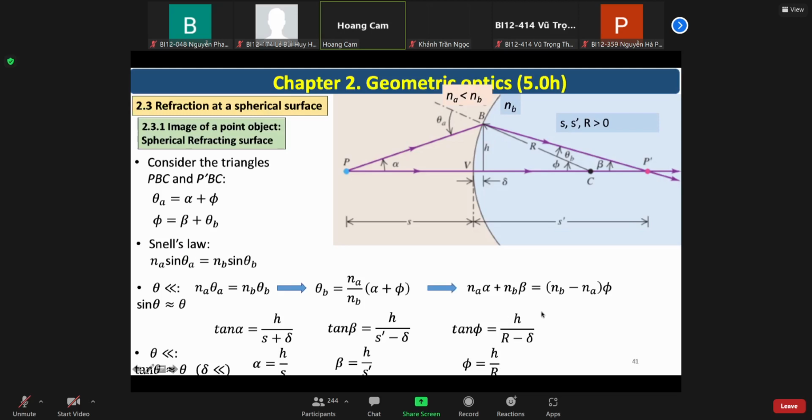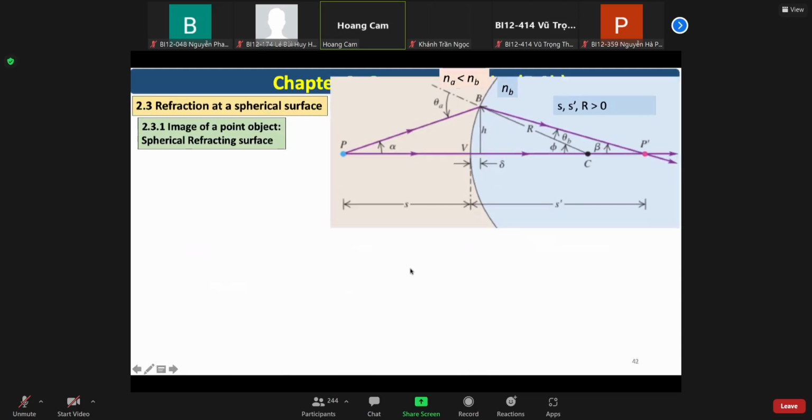And now you substitute into the previous formula, and with only a very short transformation, you can find NA over S plus NB over S prime equals NB minus NA over R.